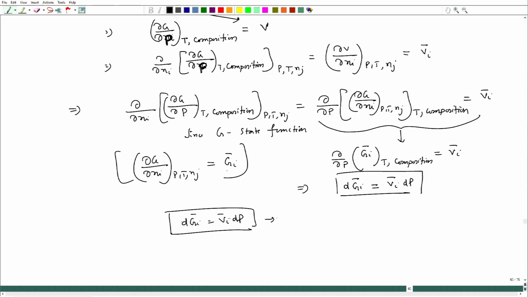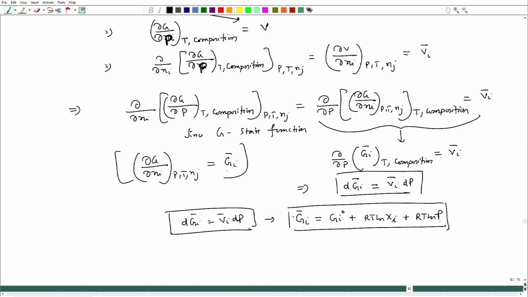From this we can actually get to another important equation, which is G i bar equal to G i naught plus RT ln xi plus RT ln P. From there we can calculate, when we mix together, what will be the enthalpy contribution after mixing, the free energy contribution after mixing, as well as the entropy contribution when we mix multiple ideal gases.